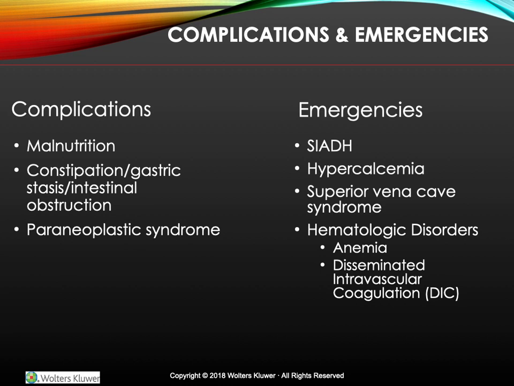We also have hypercalcemia, superior vena cava syndrome, which is when there is an obstruction of venous return and engorgement of the vessels from the head and the upper body, and that can cause compression on that vein and impairs blood flow. We also have hematological disorders such as anemia and DIC. And DIC is a loss of clotting factors.